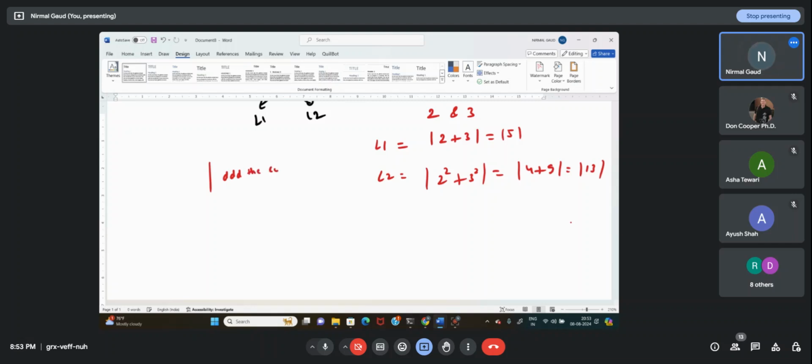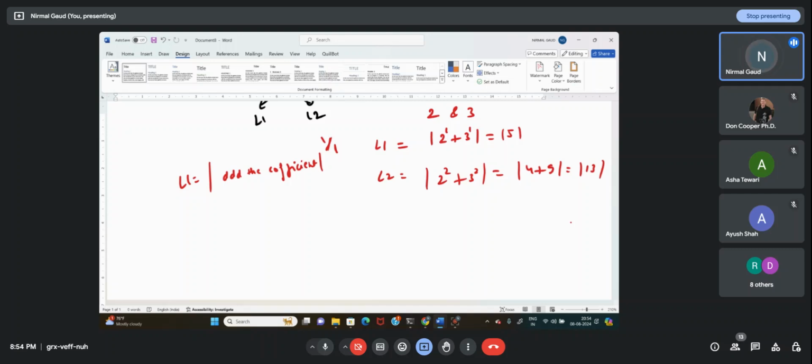Also, the formula says add the coefficients and take the power according to how you did the addition. Here I did the addition by taking 2 to the power 1 and 3 to the power 1, so the power in case of L1 will be 1 by 1.